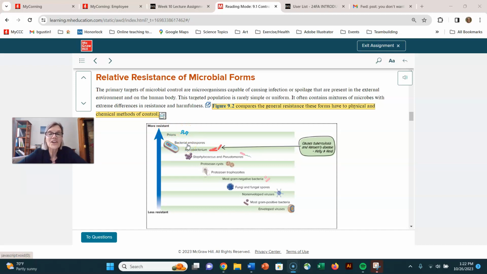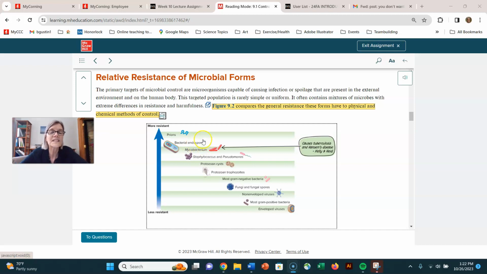But prions are not something that are normally in our environment that we have to be concerned about. The only way they actually grow is if they get into brain tissue. So even if we got some prions in our flask where we were growing bacteria, they wouldn't have any impact on it. And again, the likelihood they would be there would be extremely small. It's not very likely at all.